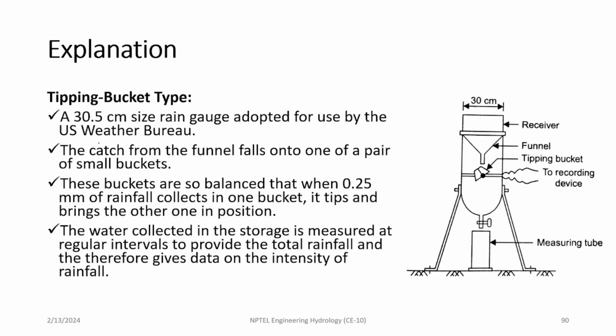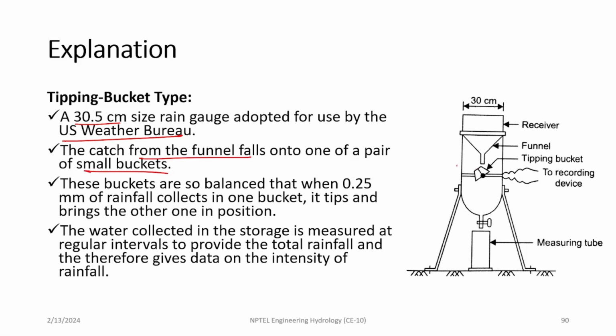So you can see the description also, why tipping bucket is not giving a mass curve. Tipping bucket is the US Weather Bureau adopted rain gauge, having a diameter of about 300 mm. The catch from the funnel falls into a pair of small buckets, as I discussed.